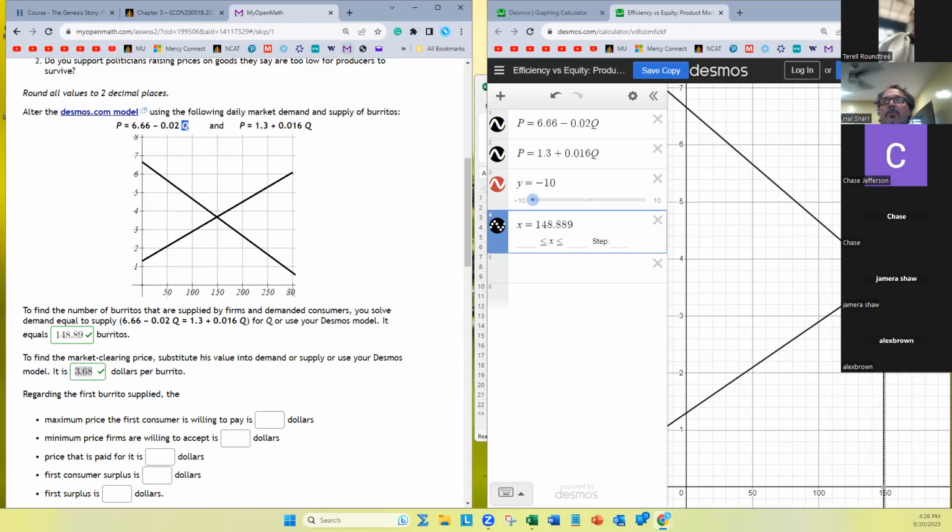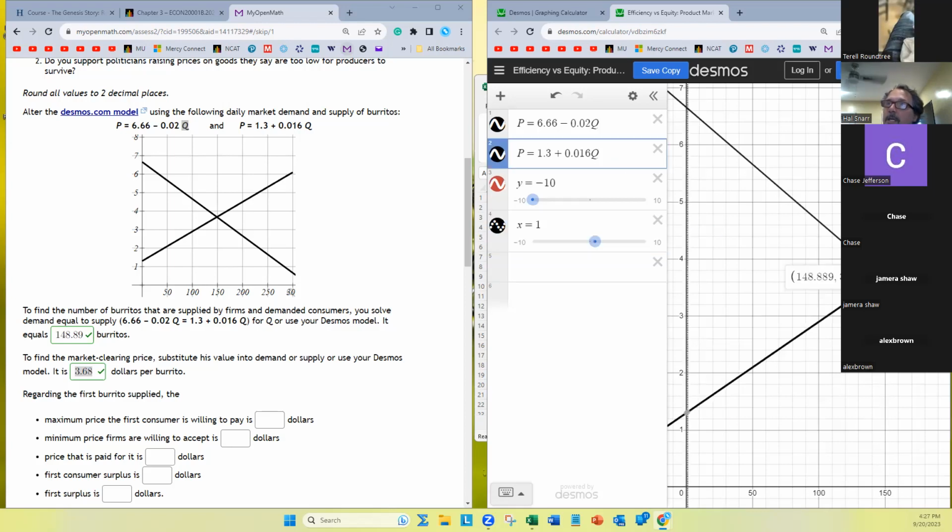Or you can go over to Desmos. In Desmos, one way to get it is to just click on the point of intersection. See that? Click on the point of intersection. That first number is my quantity. The second number is my price. Right? You got it?